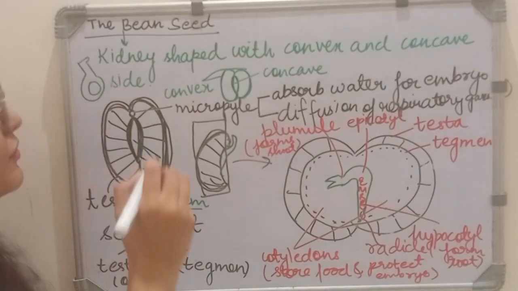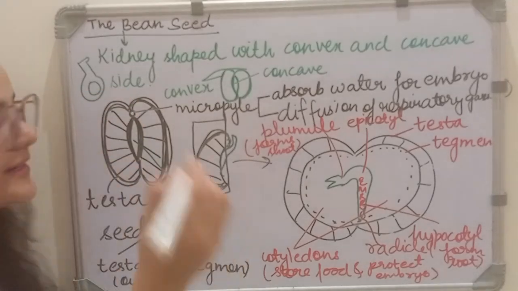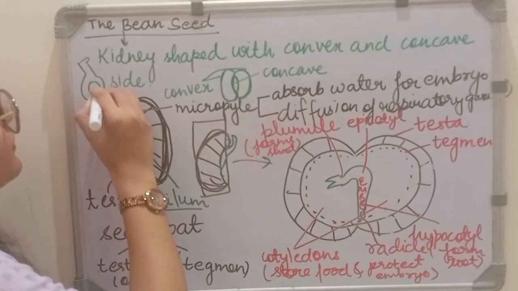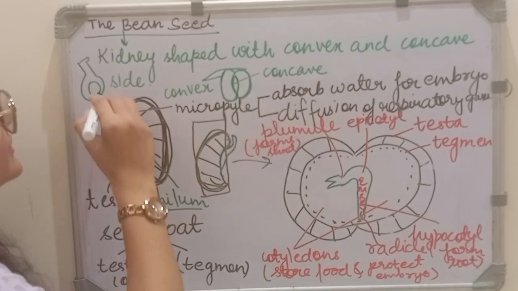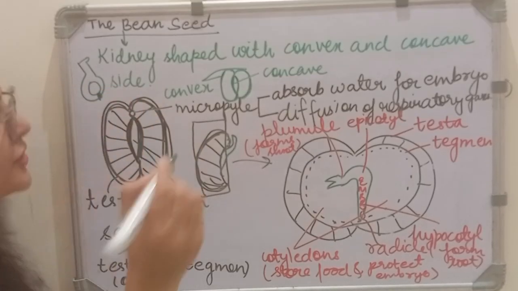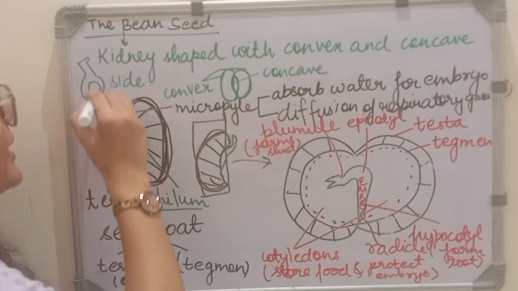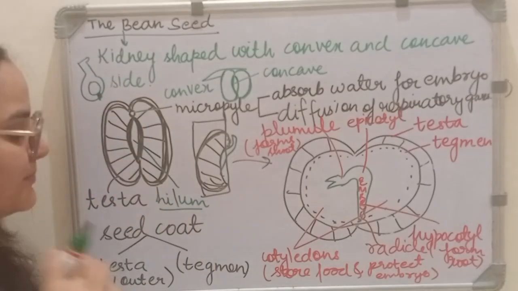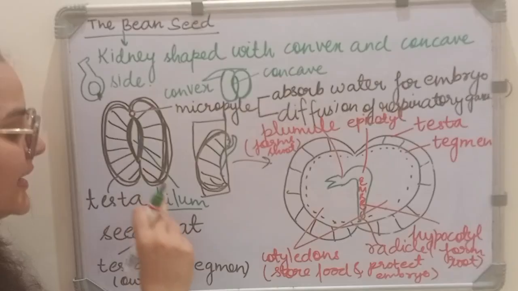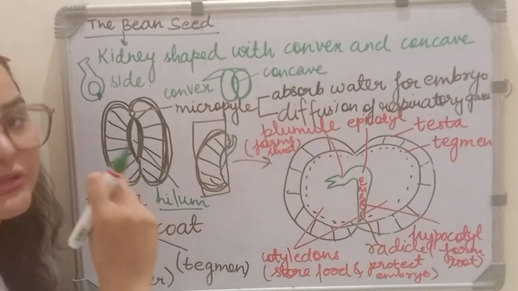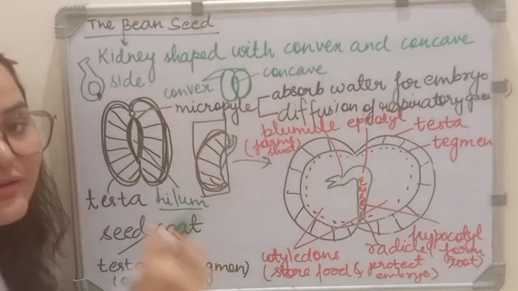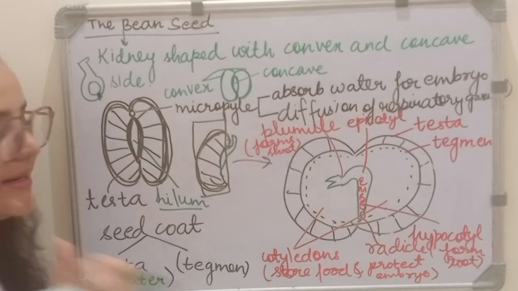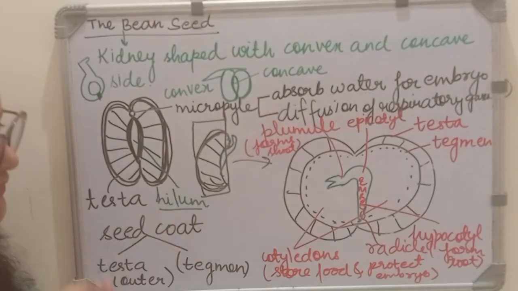So this ovule was attached through placenta with this ovary wall. The point where this placenta is attached marks a spot on the seed which is known as the hilum. So write down for hilum that it is a spot which denotes that the seed was connected to the ovary wall through placenta.